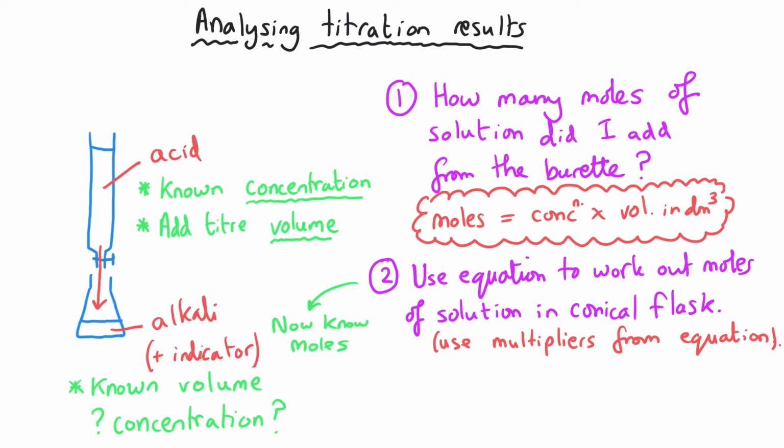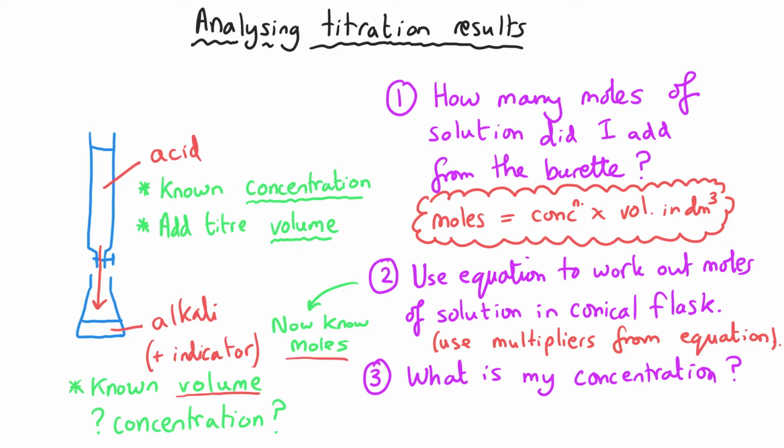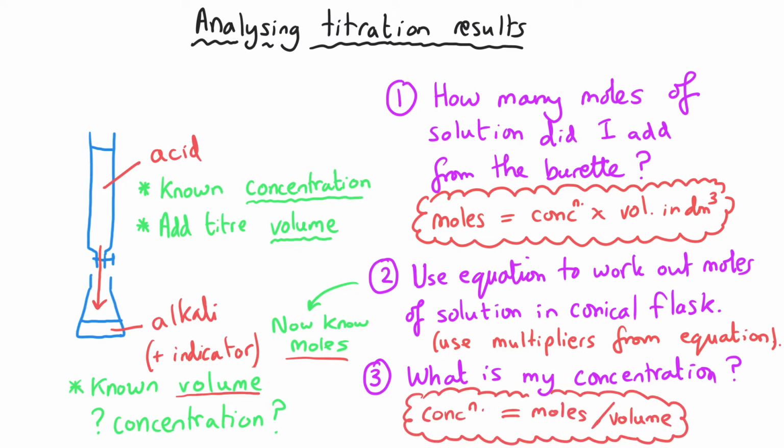And the third and final step is, well, I know what volume of solution I put in my conical flask. I now know what moles I've got of that alkali. And so the final step is, well, what is my unknown concentration? And since concentration is moles divided by volume, that will be our final step in the analysis.